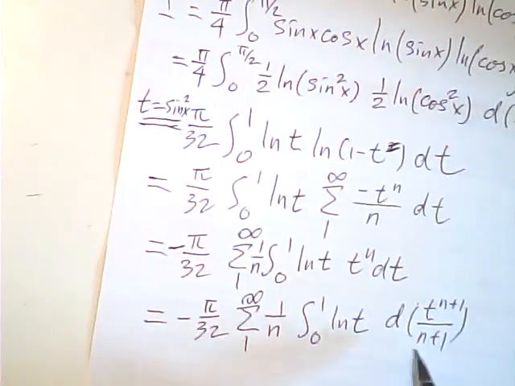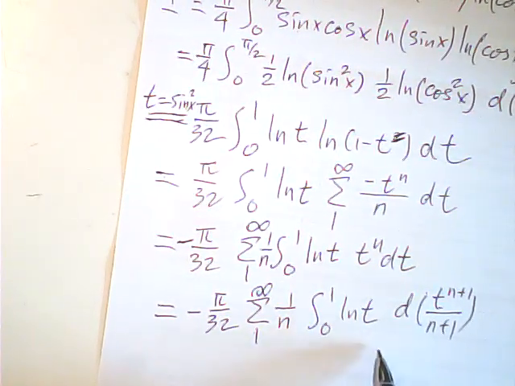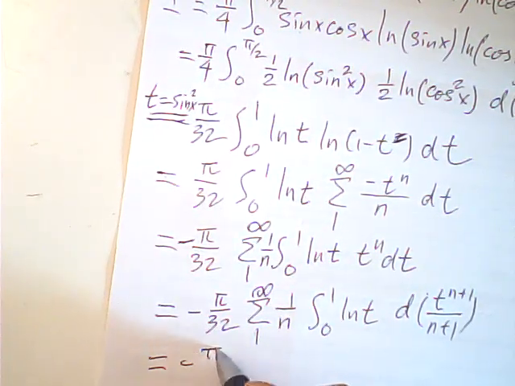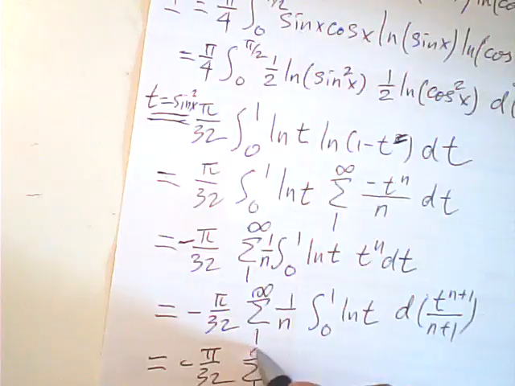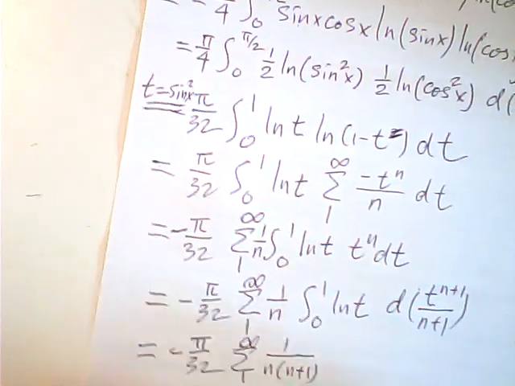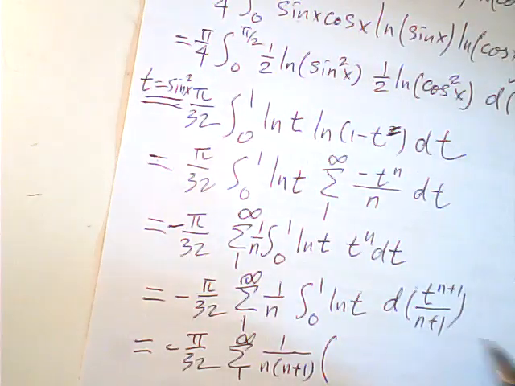Now, the reason I'm doing this is I'm preparing for integration by parts, right? This one is equal to negative pi over 32 sigma 1 over n times n plus 1. Now this is ready for by parts, right?